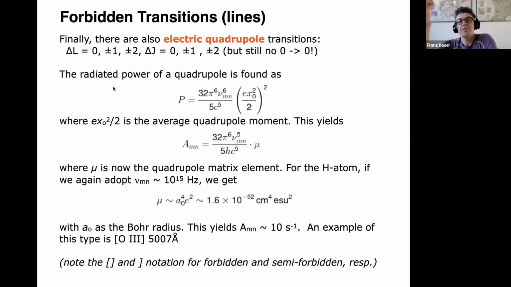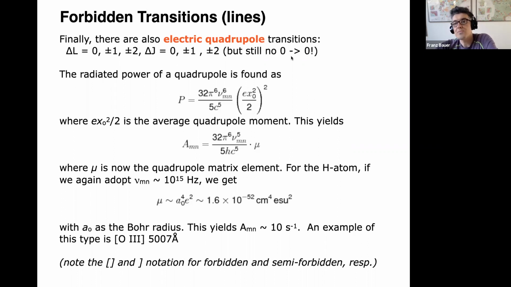Another form of the forbidden transition is if you have an instance where the electric quadrupole becomes important, and you have this electric quadrupole transition. And so here delta L can take the form of plus or minus 2. It actually can be 0, plus or minus 1, or plus or minus 2. And delta J can then be 0, plus or minus 1, or plus or minus 2.